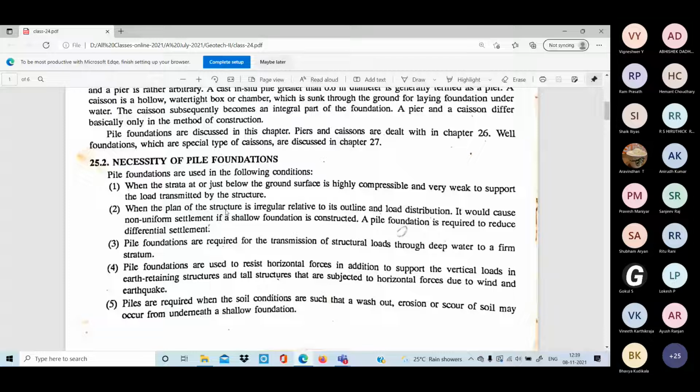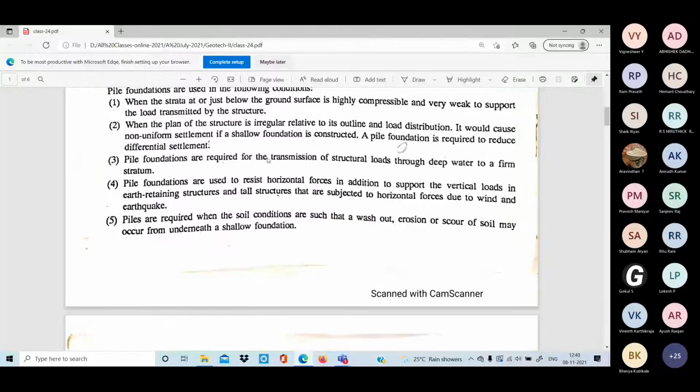And also we'll go for a pile foundation when we have horizontal forces, that means towers, big towers. In that case, there may be some horizontal load, or earth retaining structures and retaining walls and other things. These things are subjected to earthquake or other forces. When you provide piles, it will help you.